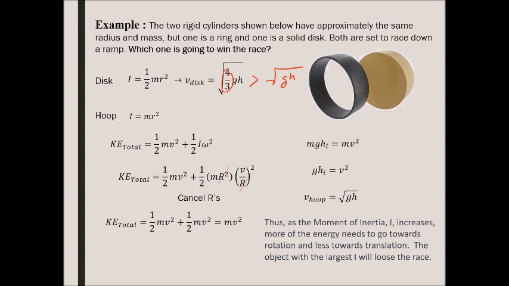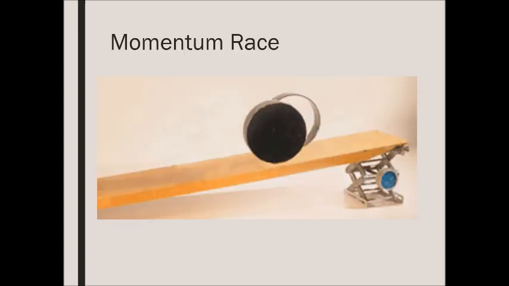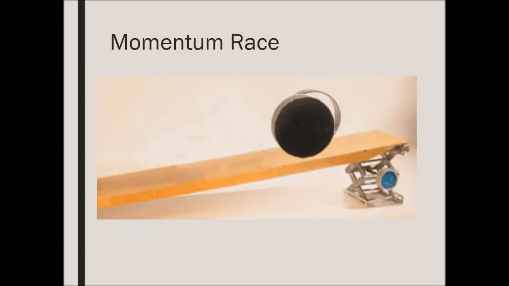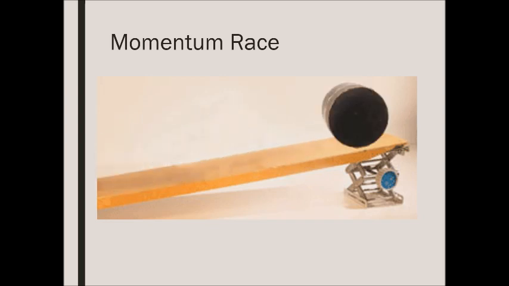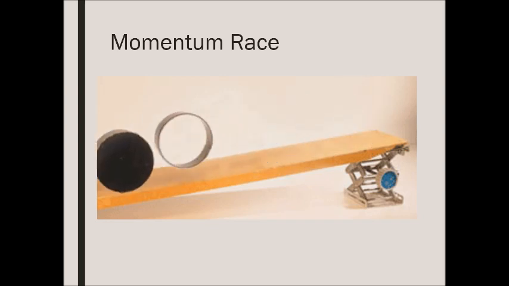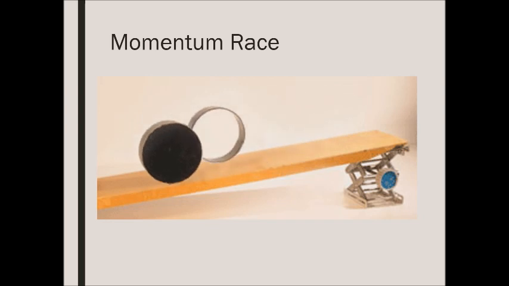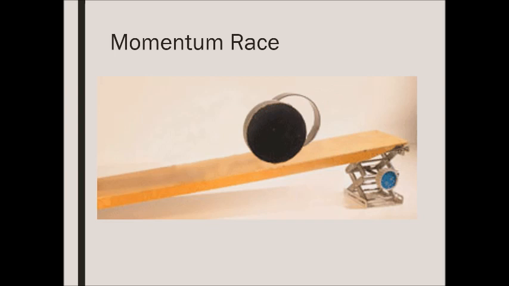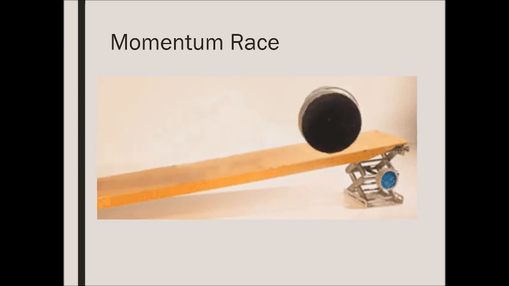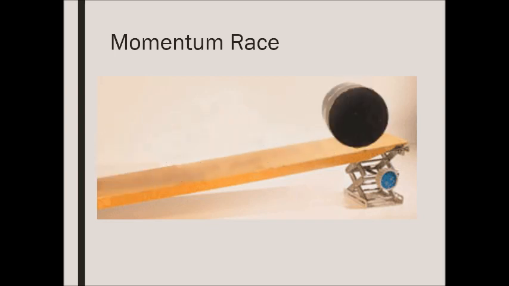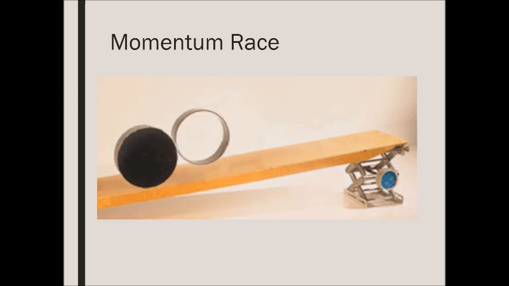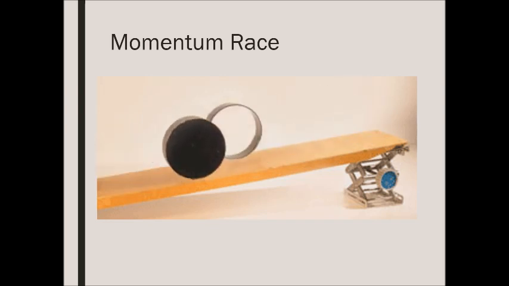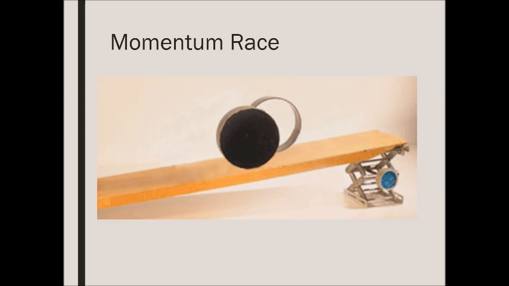And we can see that in these videos. So here is a video of a disc and a hoop racing, and clearly the disc wins, and that's because it's putting less of its energy budget into rotating. It's able to put more of its energy bucket into translating because it does not have to spend as much energy on rotation.